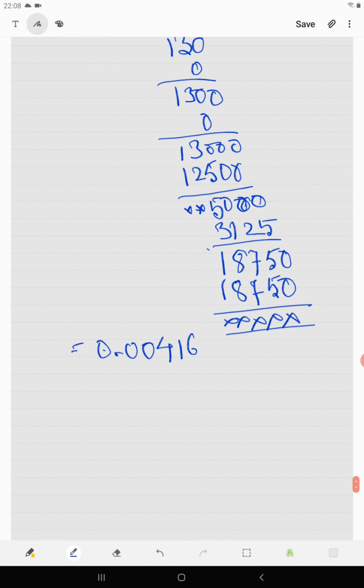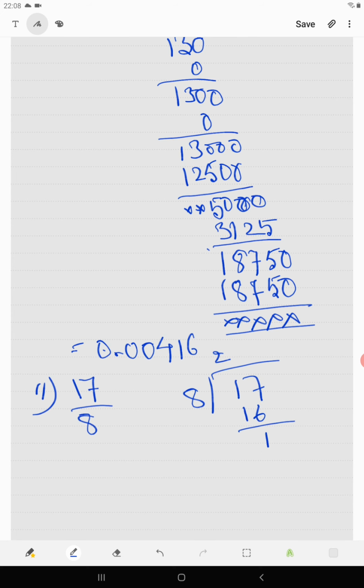Let's do our next terminating number, which was 17 by 8. This is very easy. 17, 8 2s are 16, 17 minus 16 is 1, 0. Okay, now this is less than 8, so the point will come, 0 will come, 8 1s are 8, 2.